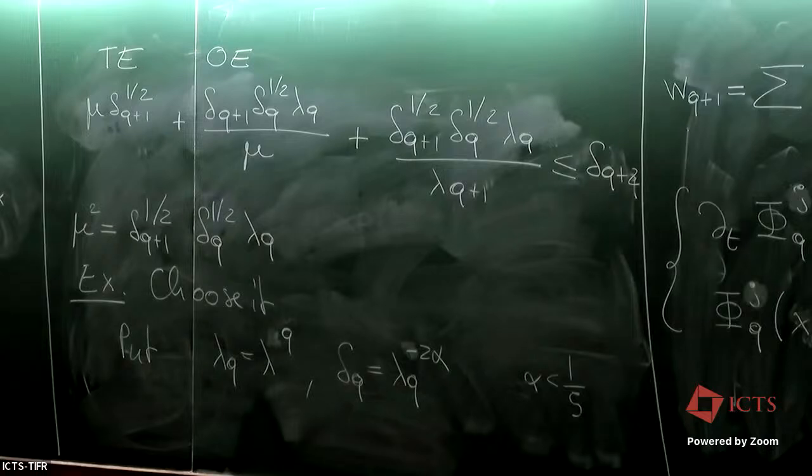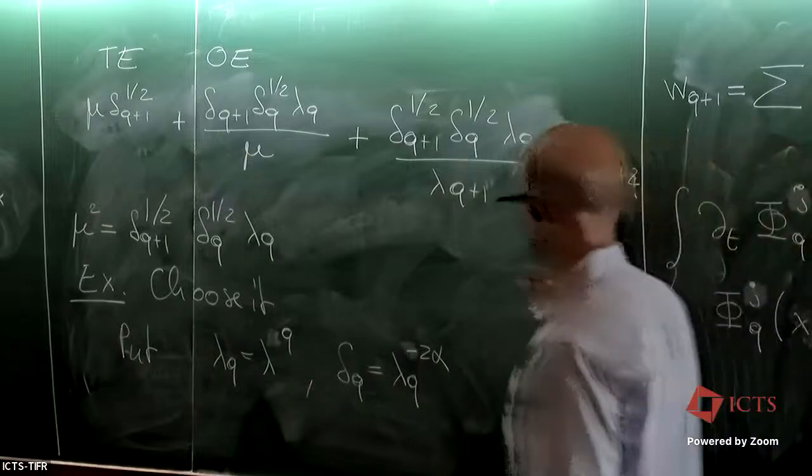Wait a second. Where is the first error? This is mu squared equals. Oh, wait.